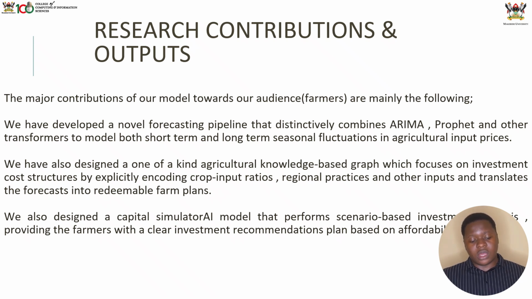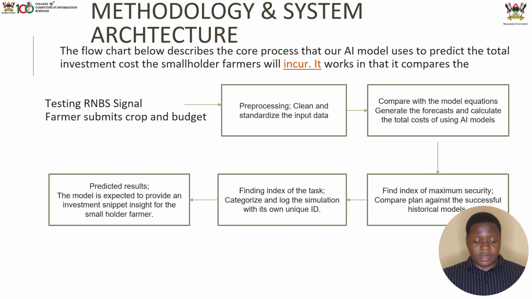We have also designed a one of a kind agricultural knowledge based graphical AI, which focuses on investment cost structures by explicitly encoding crop input ratios and other seasonal practices in order to provide farmers with more accurate data. Then we also are going to design a capital simulator AI model that performs scenario based investments for our farmers.